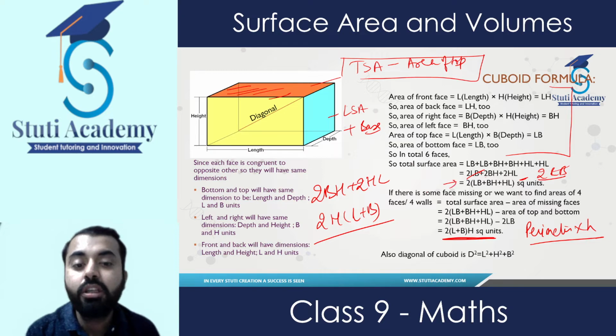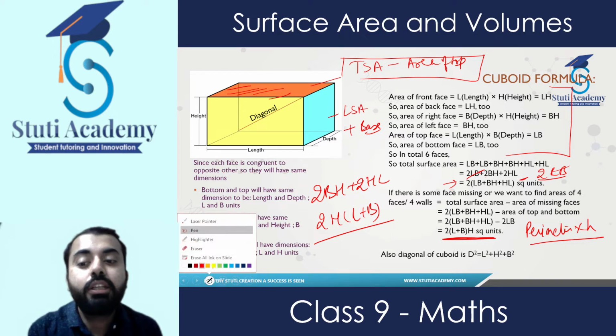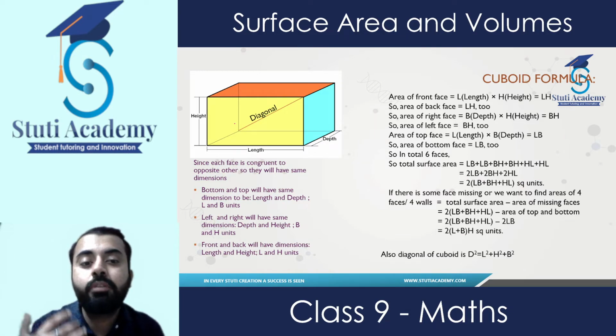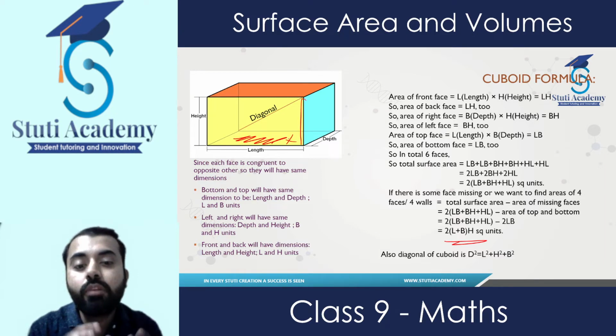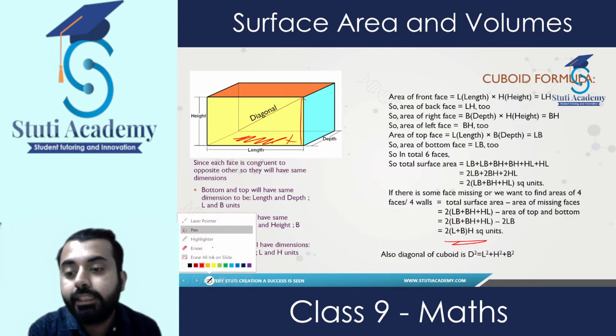Now it was given to you that you had to calculate the lateral surface area, and you guys knew lateral surface area was the area excluding top and bottom. So I had to subtract the area of top and bottom from it. Subtracting that, I got the perimeter of rectangle multiplied by height, or you can say the perimeter of the base multiplied by its height.